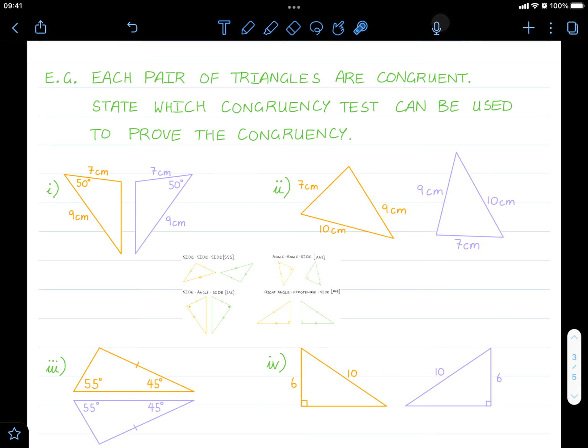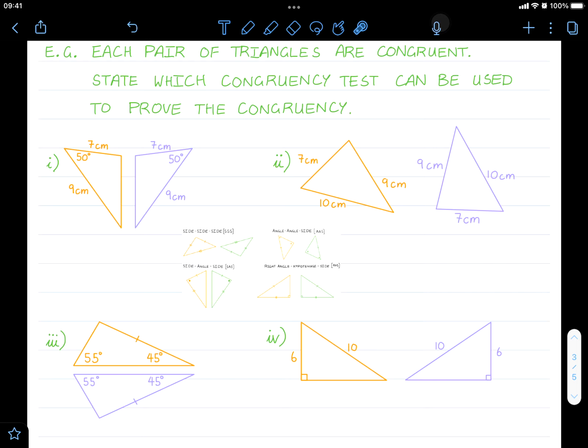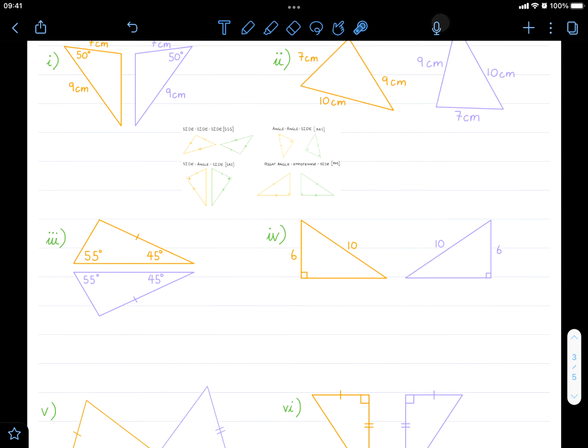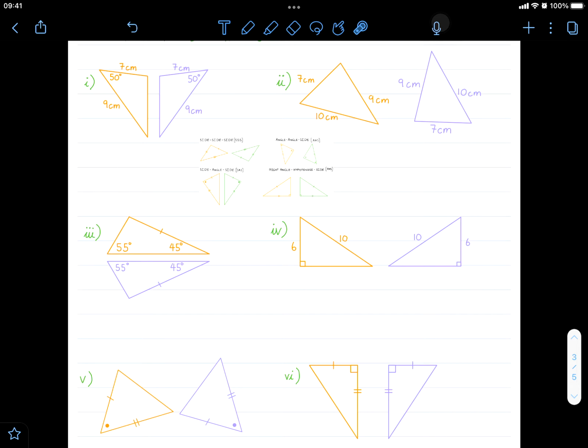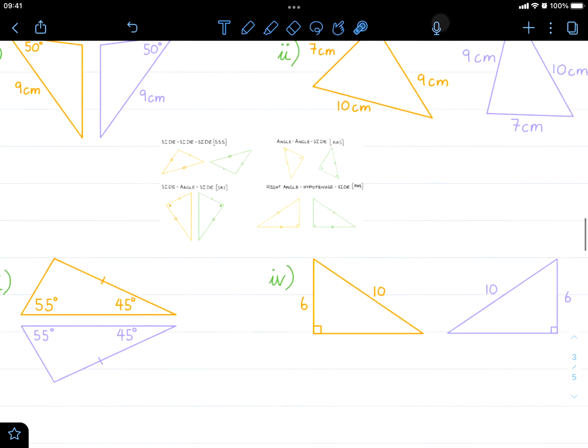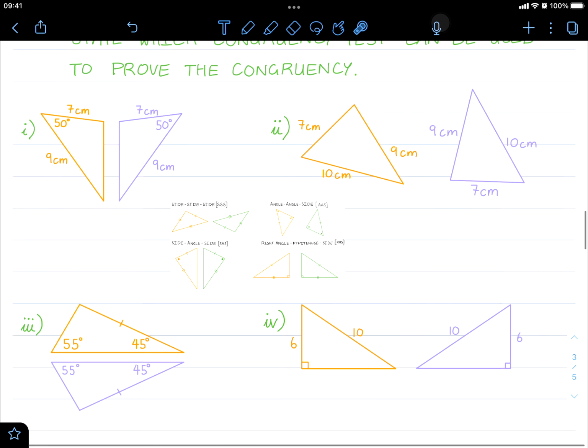So now let's go through one example here. We're being told that these pairs of triangles are congruent. However, we need to figure out which test we can use to prove it. So we have 6 examples here. I can zoom out for you. You can just write down one of the 4 acronyms: SSS, AAS, SAS, or RHS.